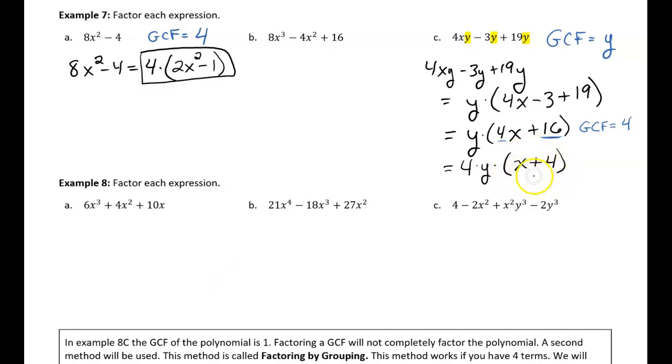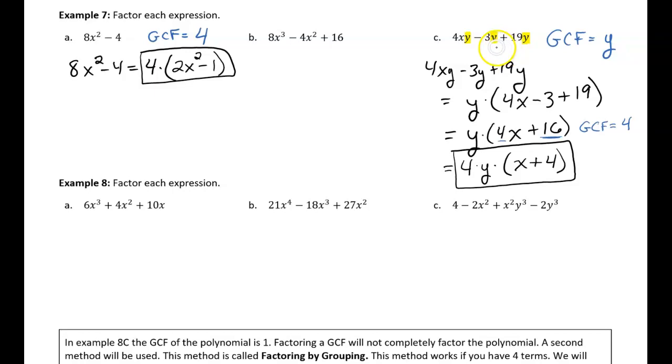And now, is there anything else I can do with x plus 4? Nope, there's no other multiplications to deal with, no other powers, and this would be my factorization. 4y times x plus 4. Now that was one way, one path we took.